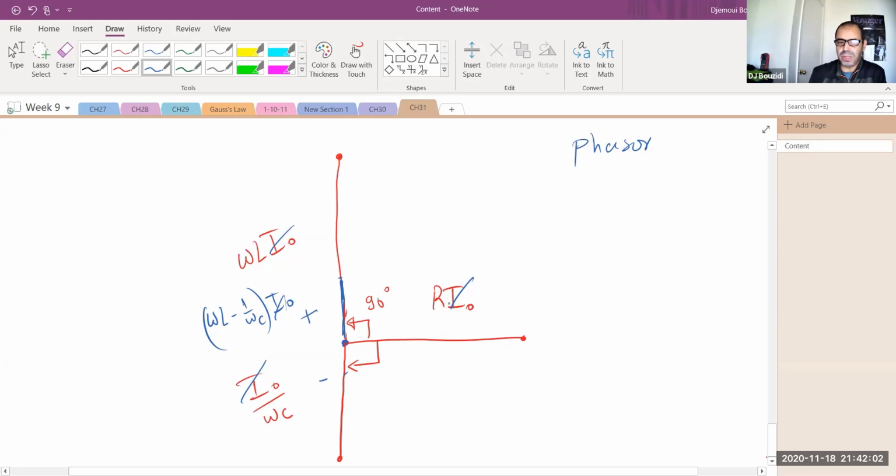So in this case, if I draw it in here, when I add these two vectors together, this is the vector that I'm going to have in here. The amplitude of this vector is what I call Z, which is just the square root, by the Pythagorean theorem, of R squared plus this difference squared, omega L minus 1 over omega C, squared. This is phi, by the way, the angle that I'm going to look for.